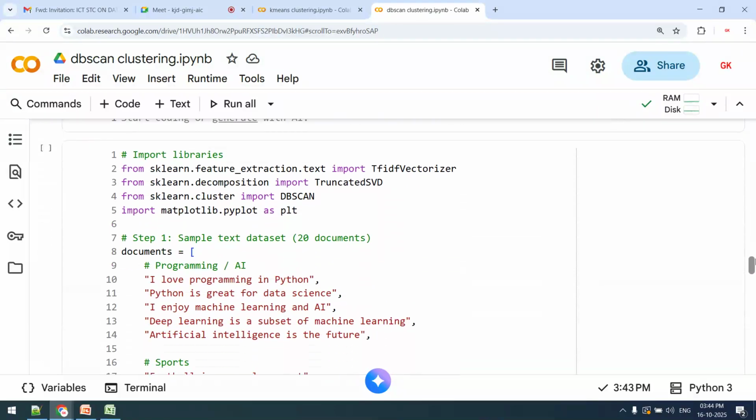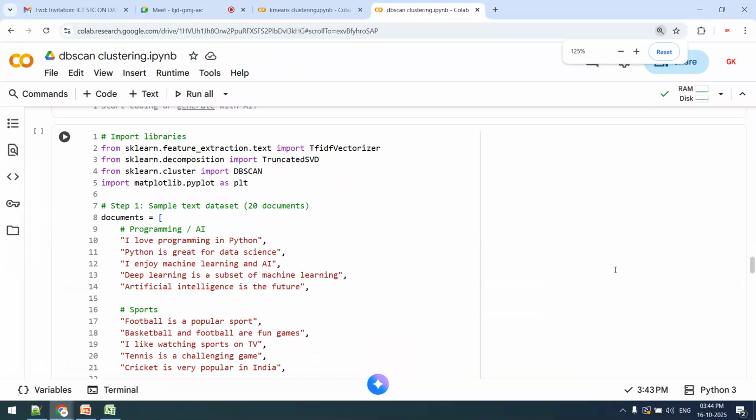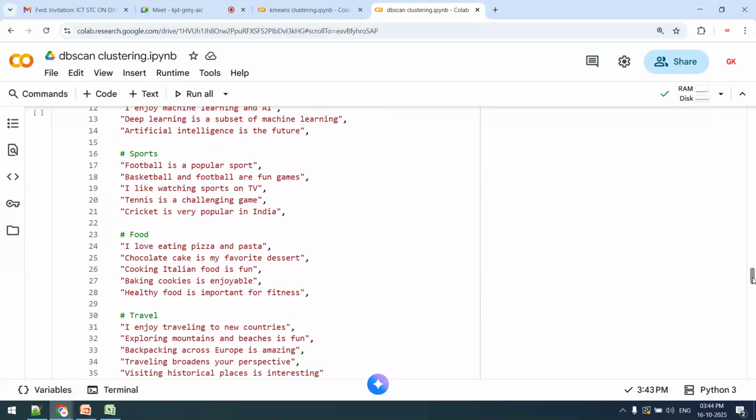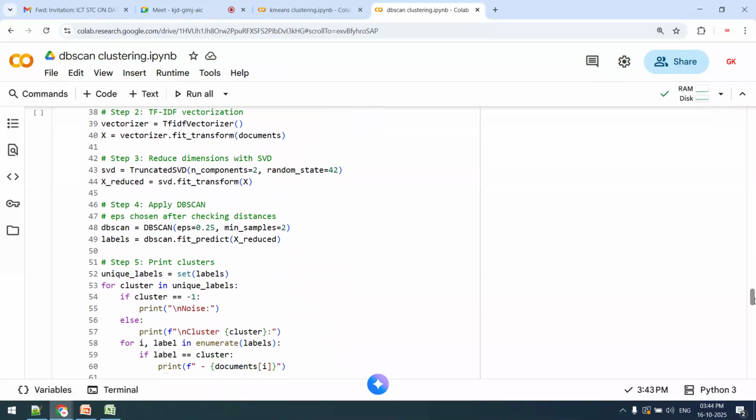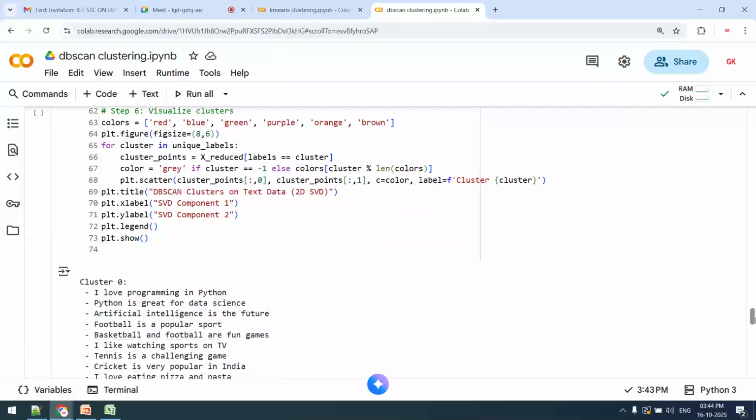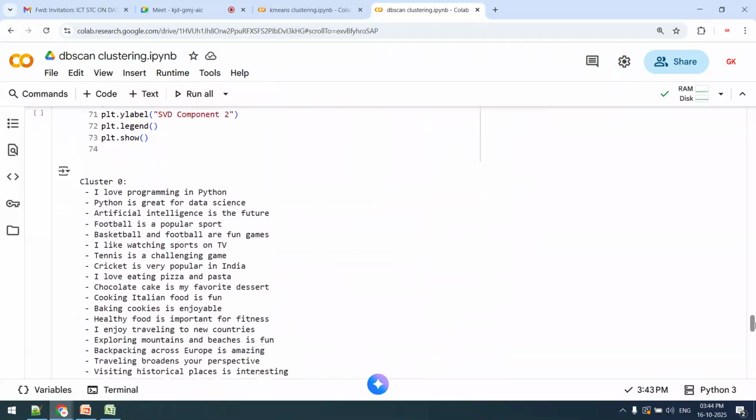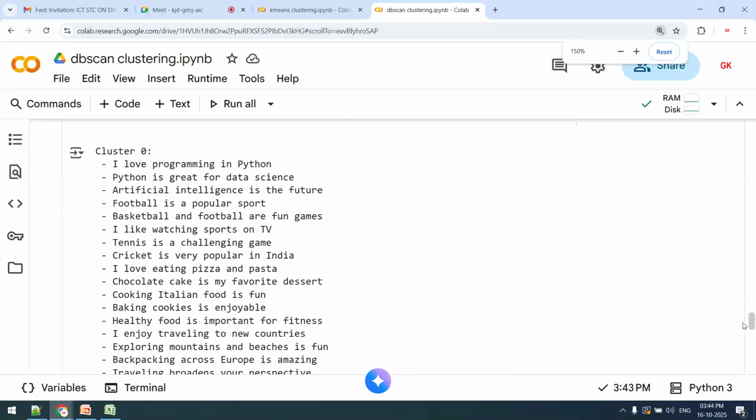In this way, if you want to work with the DBScan algorithm on text data, language model data, or some specific document files, it is the same format and you can see the different clusters.